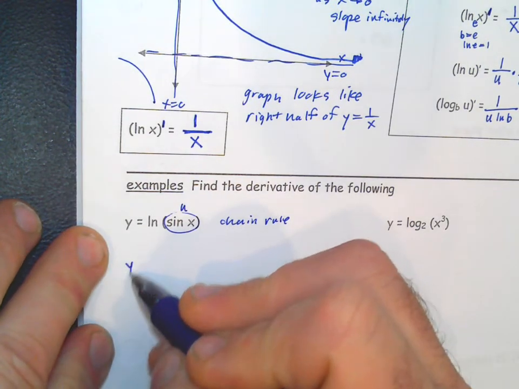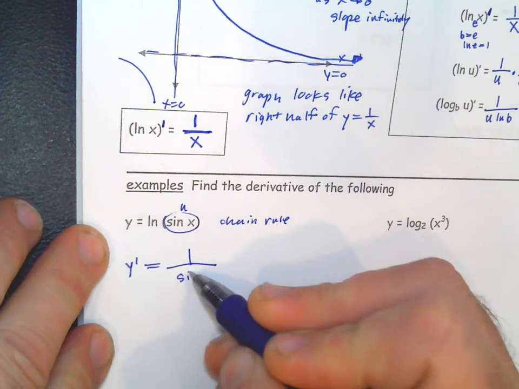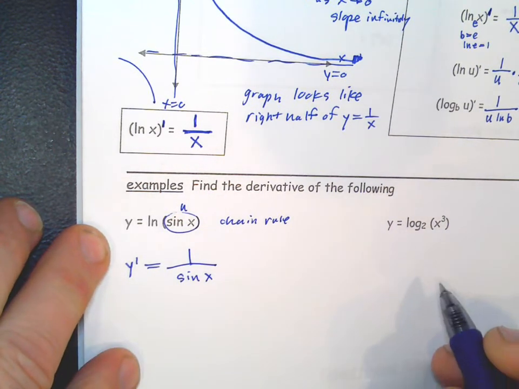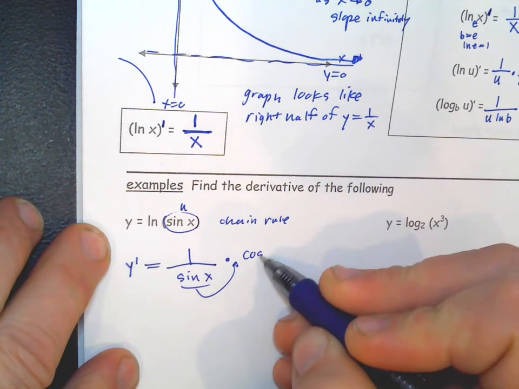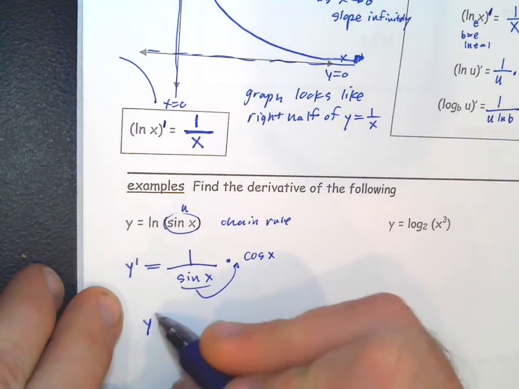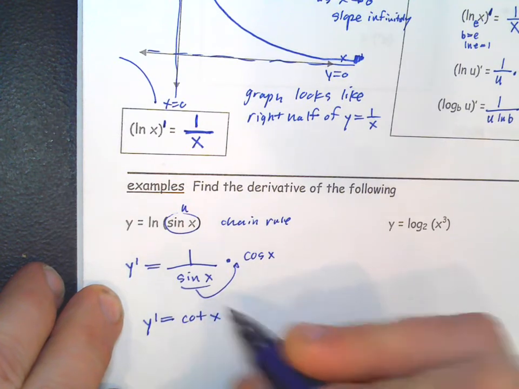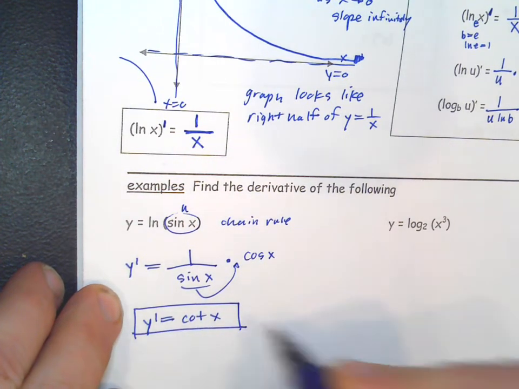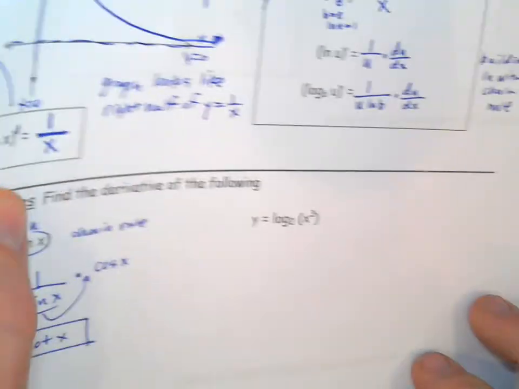I say, okay, well, the derivative of natural log is 1 over what's inside, and then times the derivative of what's inside, which would be cosine x. Now, it doesn't end up in the bottom. It multiplies the whole thing. Your final answer, in nicest form, cosine over sine, would be cotangent x. Okay? Let's try the next one.